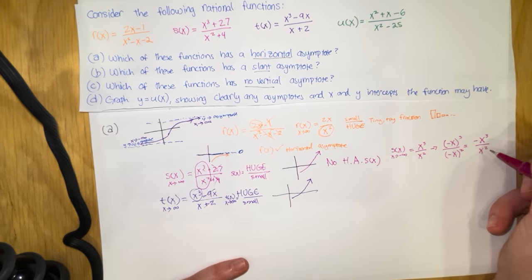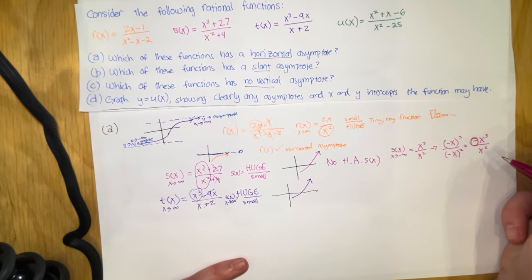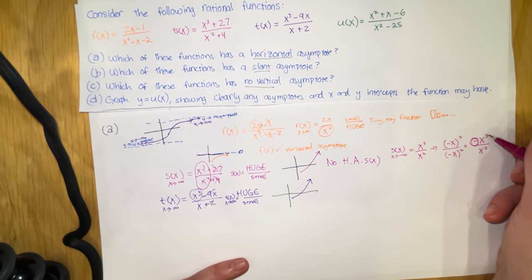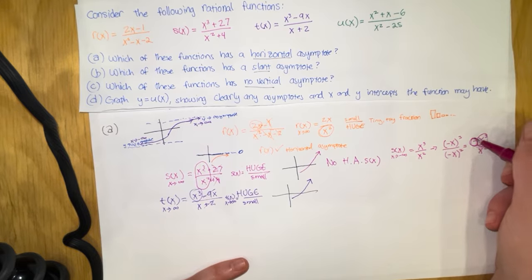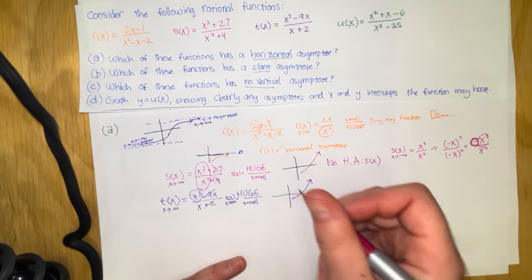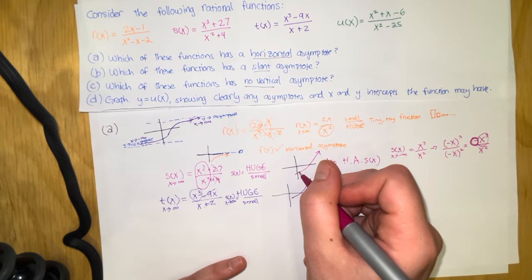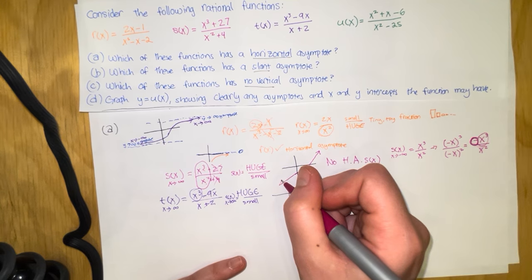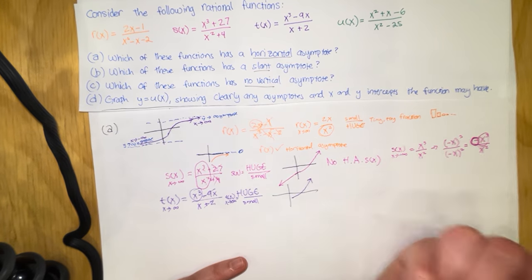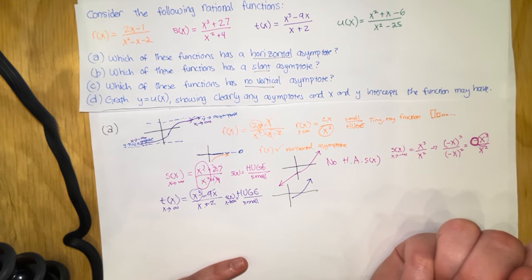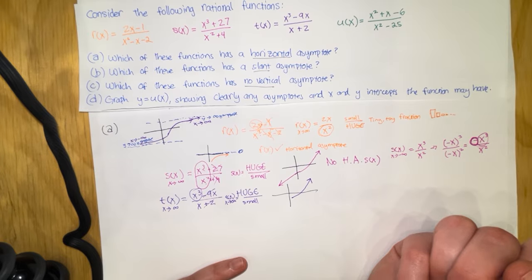This is going to be a negative number overall. But when we look, we see this is still going to grow faster. And when we have the bigger one in the numerator, it's going to trend towards infinity, but this time towards negative infinity. So when x goes to negative infinity, y goes to negative infinity. And again, we have no horizontal asymptote. It's not like it's approaching something.